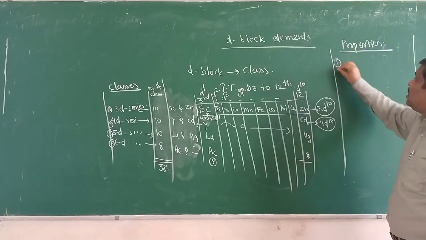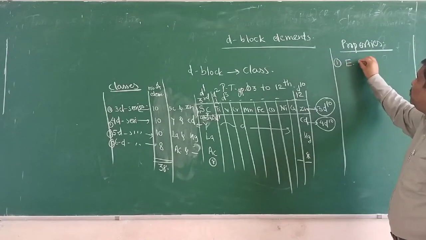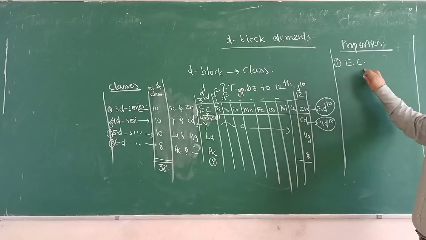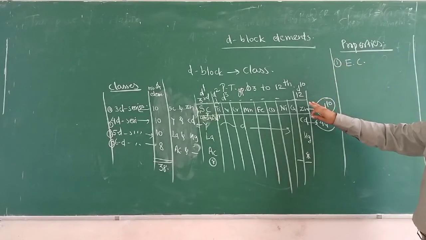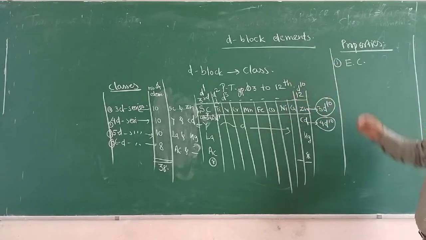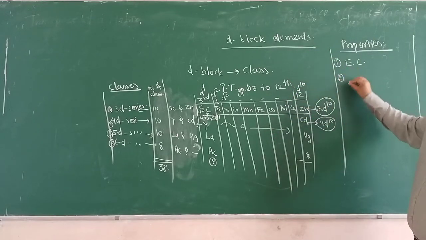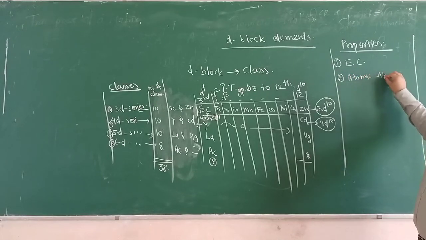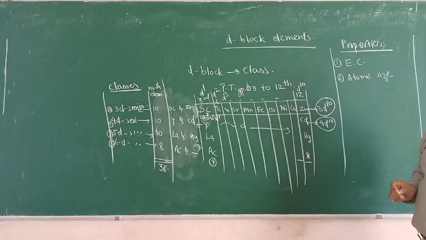Here which are the properties you are going to discuss? First property, that is electronic configuration of d block elements, that is the general electronic configuration, and configuration of all the series 3d to 6d series. Second property, that is the atomic size of the d block elements.